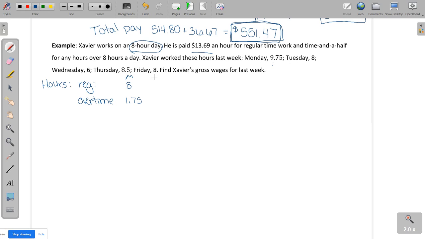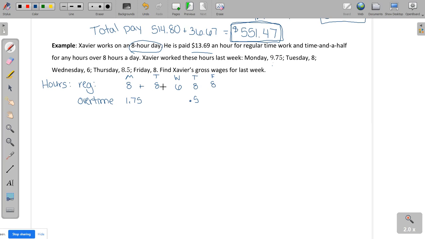Tuesday he worked 8 hours, no overtime. Wednesday he worked 6 hours, no overtime. Thursday he worked 8.5 hours. So regular work day is 8, so we have a 0.5 difference that he worked for overtime.